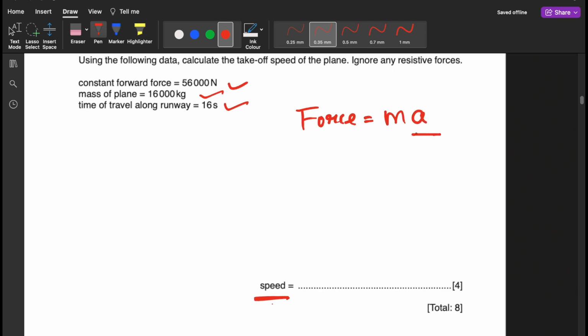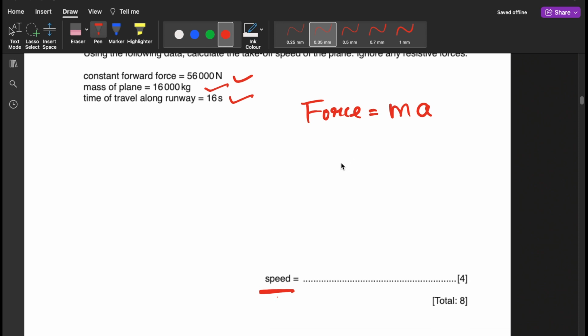So we always find the acceleration first, remember it. Because we have to find the speed as time is given, and the speed we will get from the acceleration only. So first we find the acceleration. Okay, what is the acceleration, can you find it fast?